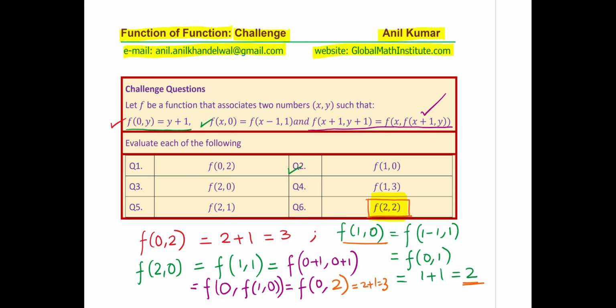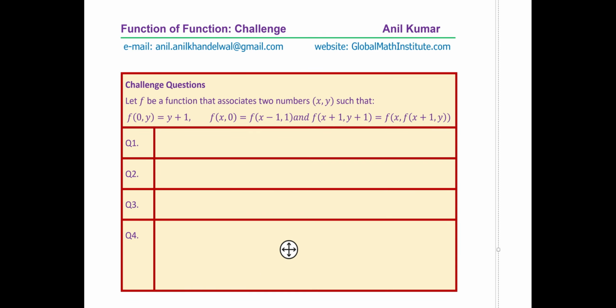So let's go through them once again. So here is how we will do them. So the very first one was clear to us. We want to find the value of, okay, so first one was what?